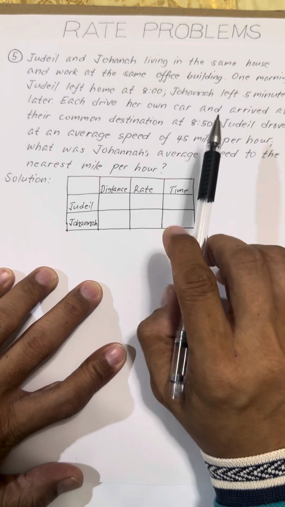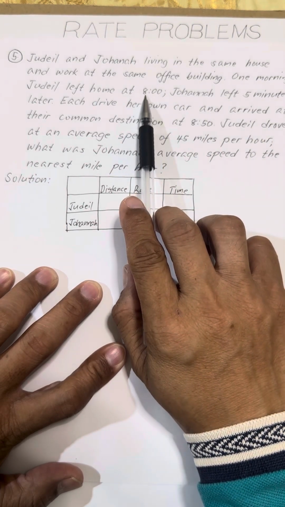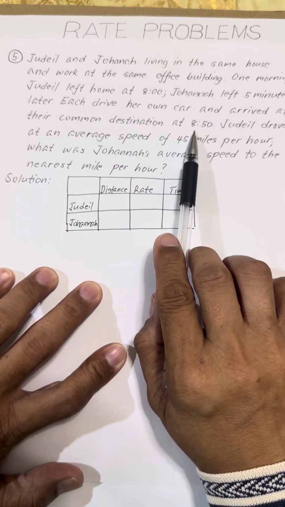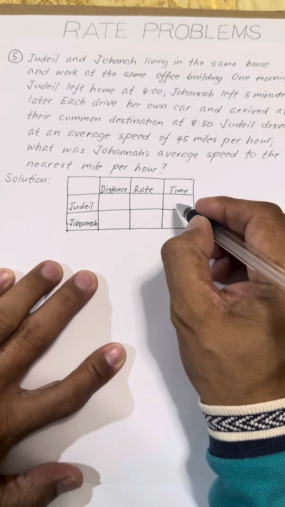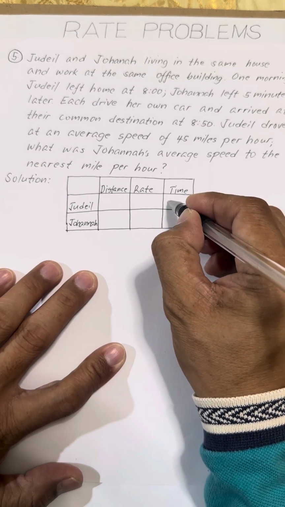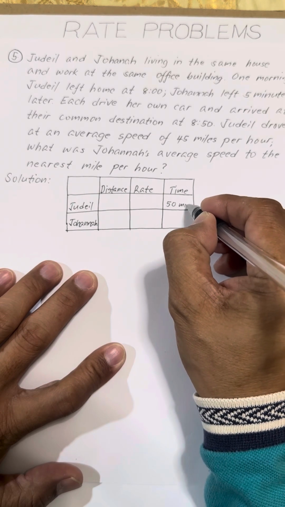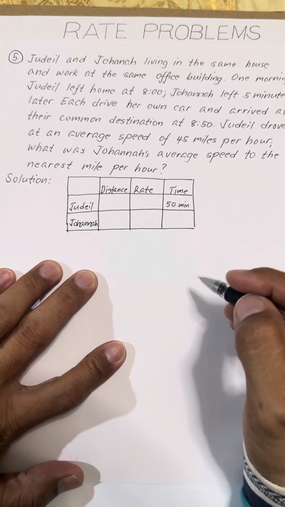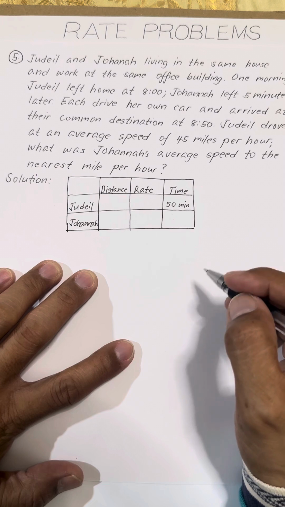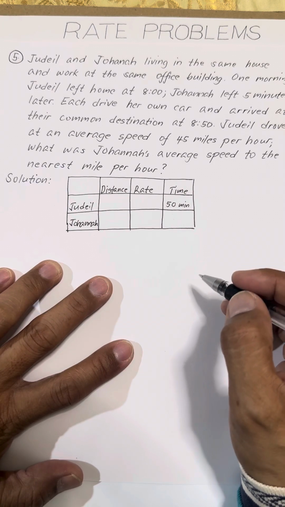So if Judel left at 8 and arrived at 8:50, it means it took her 50 minutes. So the time for Judel is 50 minutes to arrive at her office building.